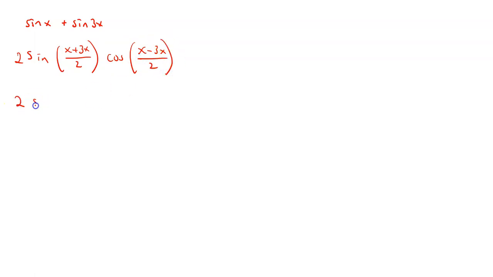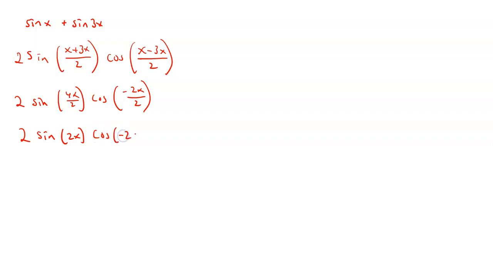So I get 2 times the sine of 4x over 2 cosine of negative 2x over 2. So this gives me 2 sine 2x cosine of negative x.